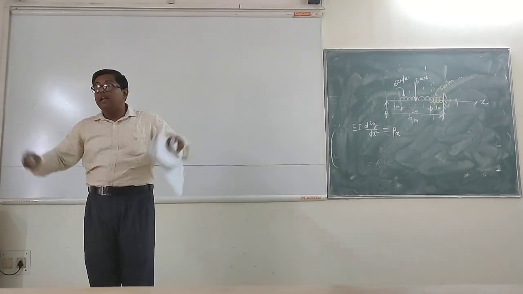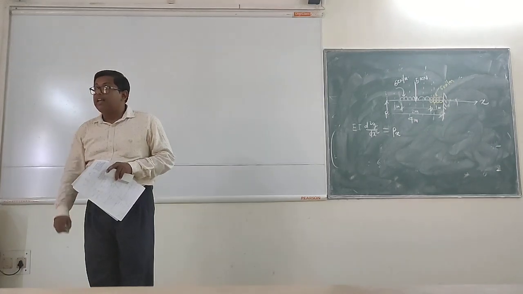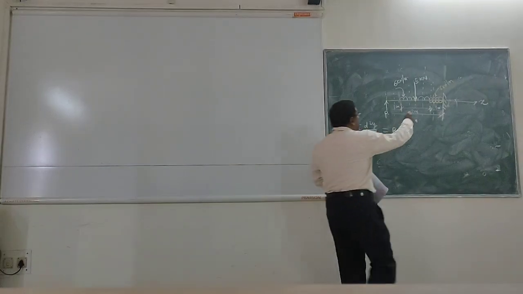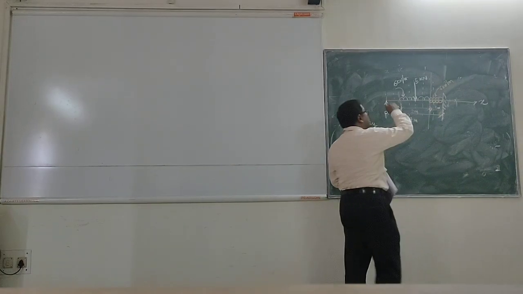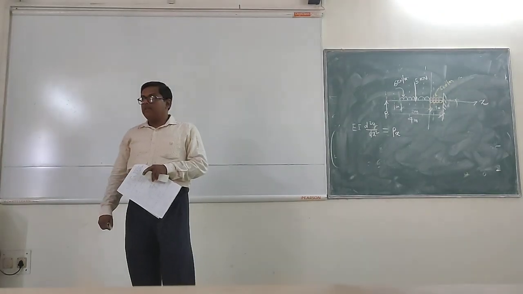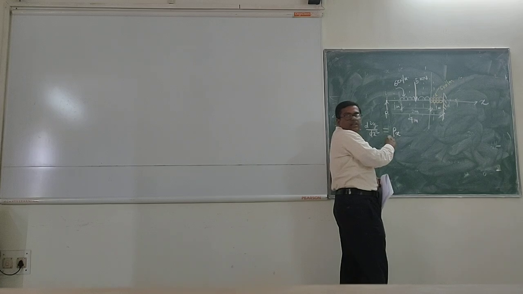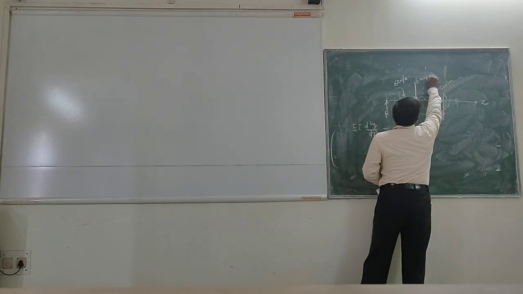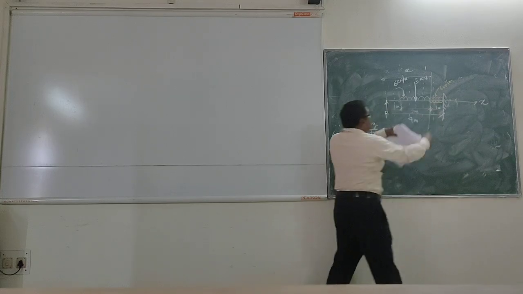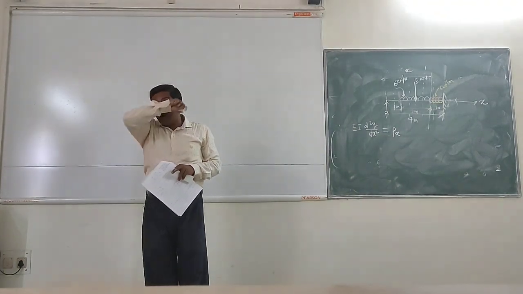The total UDL length is 3 meters. If I take any section X, what will be the length of the UDL? 3 minus X or X minus 1? X minus 1, because X is starting from here, this is your 0. So from here to here, if this distance is X, this distance will be X minus 1. Is it clear?